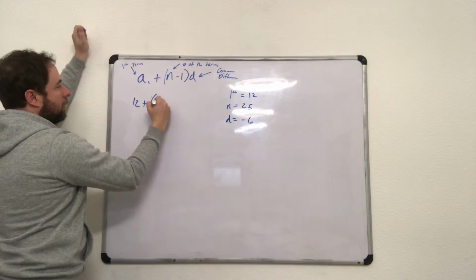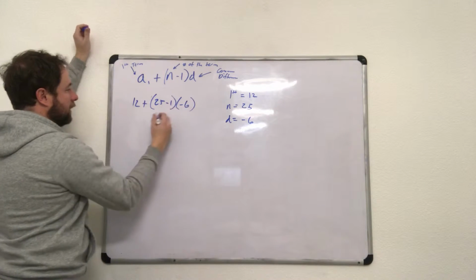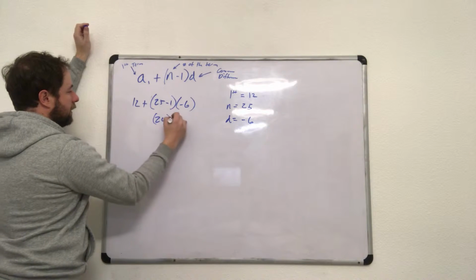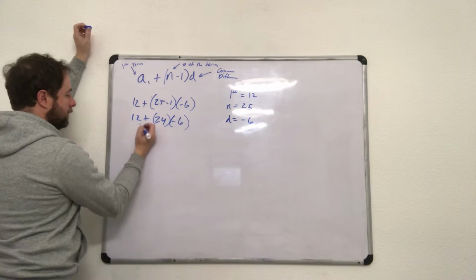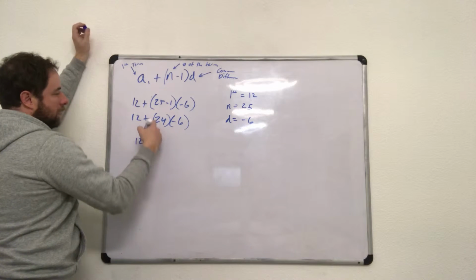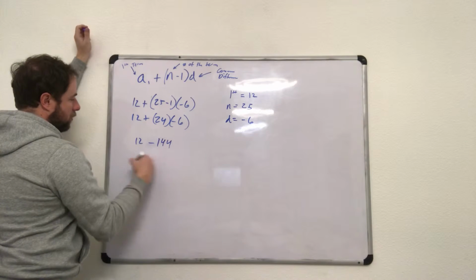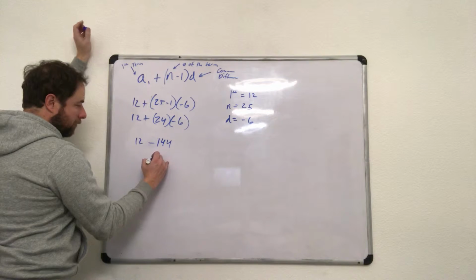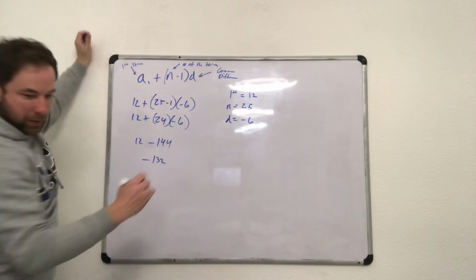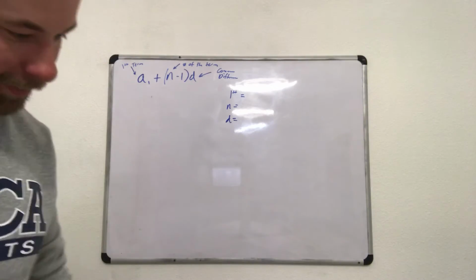You have 12 plus 25 minus 1 times negative 6. 24 times negative 6 is 144. So 12 minus 144 is negative 132. We're going to look at 2 more examples, then we'll be done with this video.